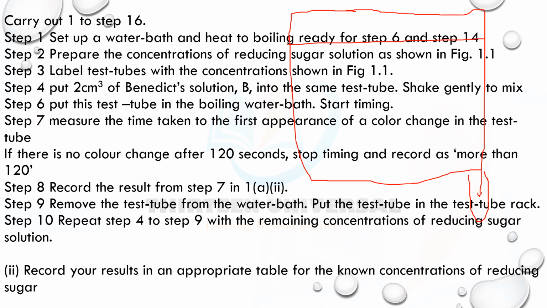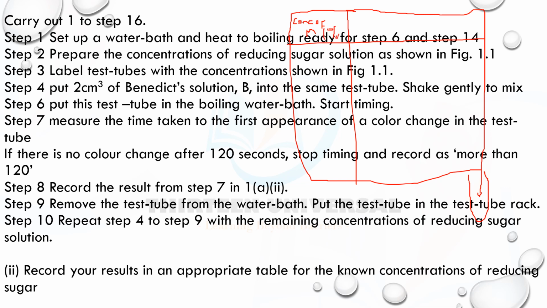So we have the first column there. This must be concentration. That's the independent variable. So you have to label it here. That's concentration of sucrose, the concentration in M, and that is in percentage.